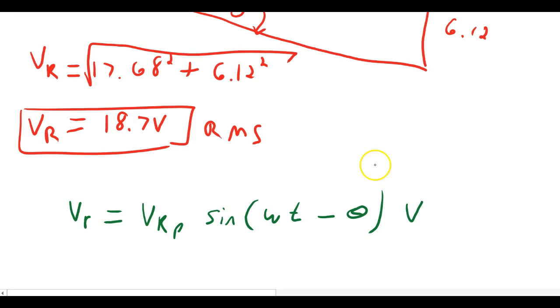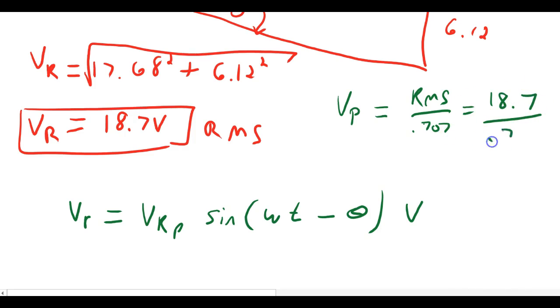Now we don't know theta, but we have the resultant RMS value, and so the peak value of the resultant would be the RMS value over 0.707. 18.7 divided by 0.707 gives us a peak value for the resultant of approximately 26.5 volts.